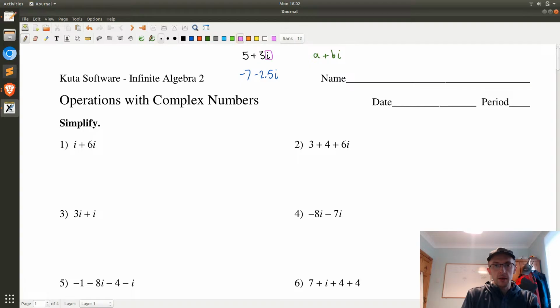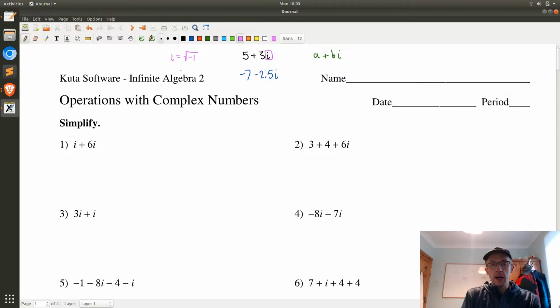But what is the i all about? i is the imaginary unit, and it represents the square root of -1. 1 times 1 is 1, and -1 times -1 is also 1. So there's no number which, when you square it, gives you -1.